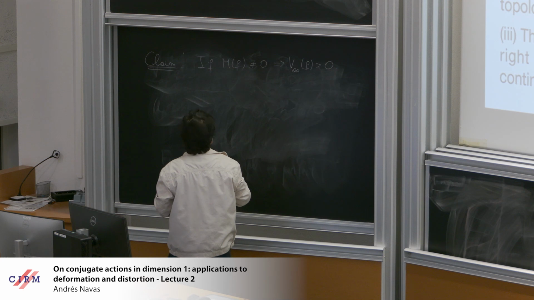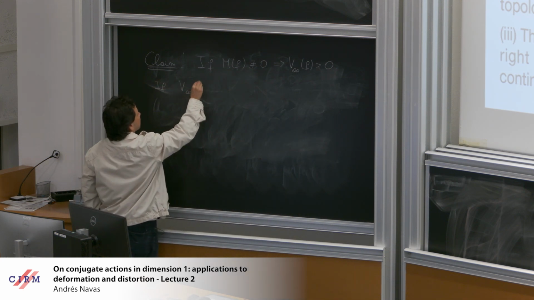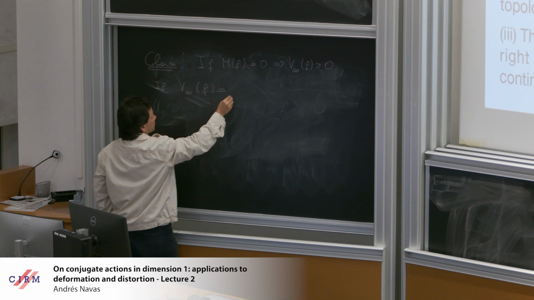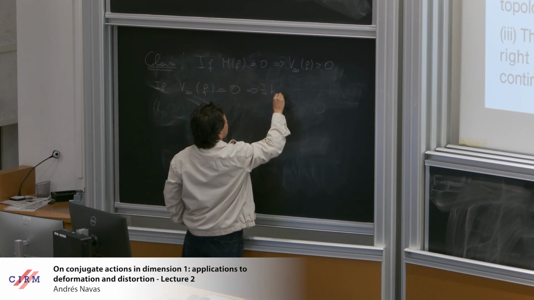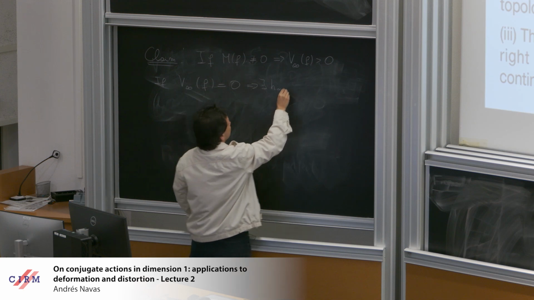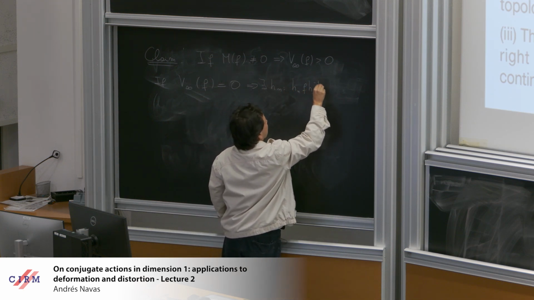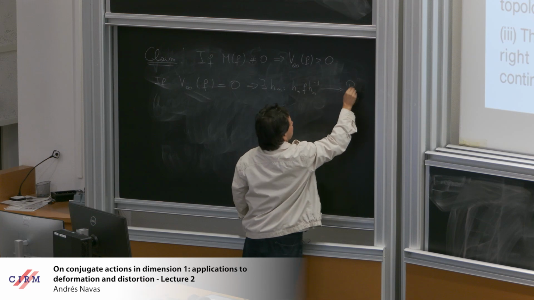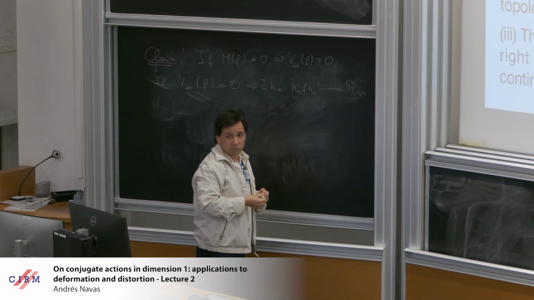And the reason is that if the asymptotic variation is equal to 0, then there exists a sequence of conjugates that go to the corresponding rotation in the C1 plus bounded variation topology.